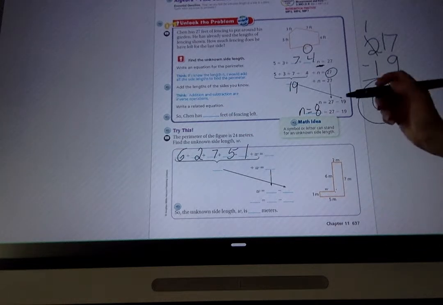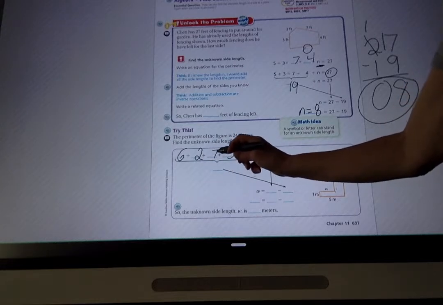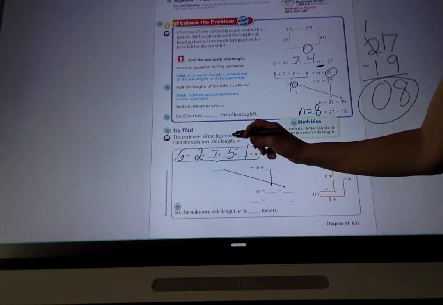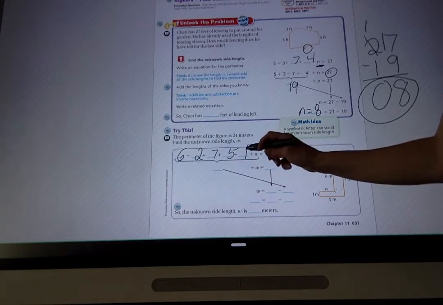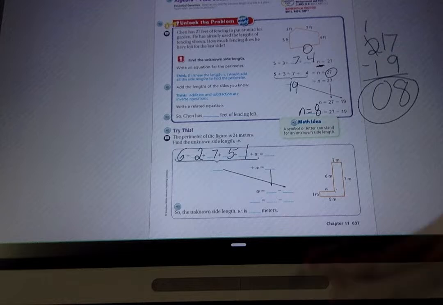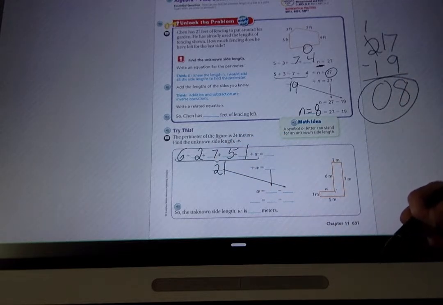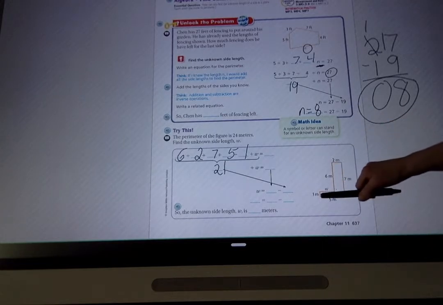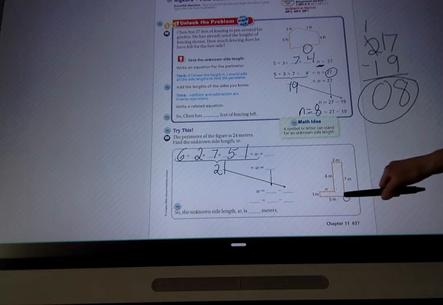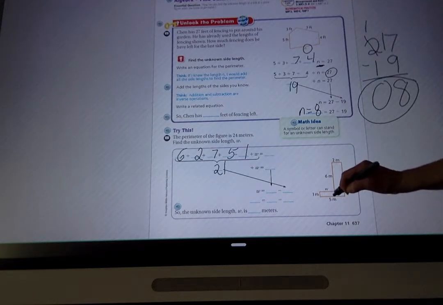Well, 6 plus 2 is 8. 8 plus 7 is 15. 15 plus 5 is 20. Plus 1 is 21. We've got 21 here. Now, if this is 5 meters, to here is 2 meters, right?